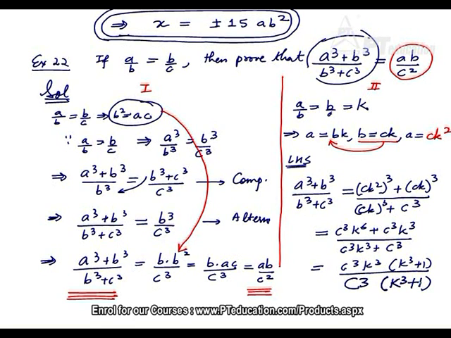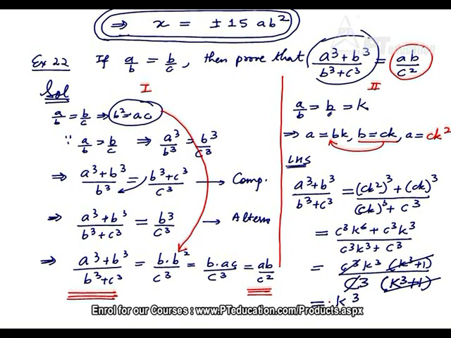So what happens now? k cube plus 1 and k cube plus 1 get cancelled out. And finally c cube and c cube will also get cancelled out. And so what are you left with here? You are only left with k cube.